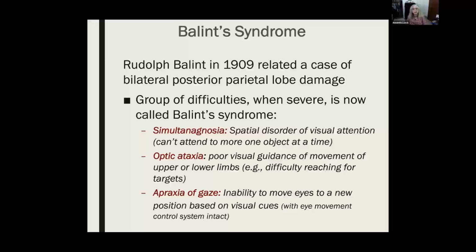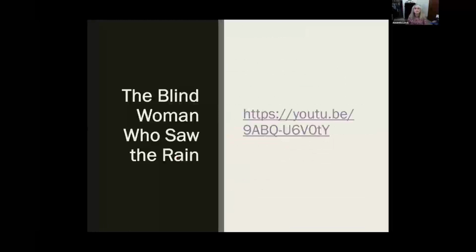And apraxia of gaze, which is inability to move the eyes to a new position based upon visual cues. With this, the ocular motor system is intact. The reason there might be apraxia of gaze is that if you can't see something, you can't move your eyes to it. And there may be different degrees of Balint syndrome, particularly in children with cerebral palsy.